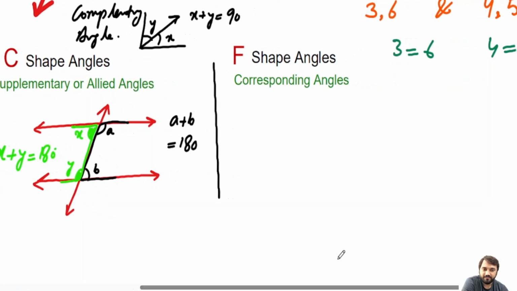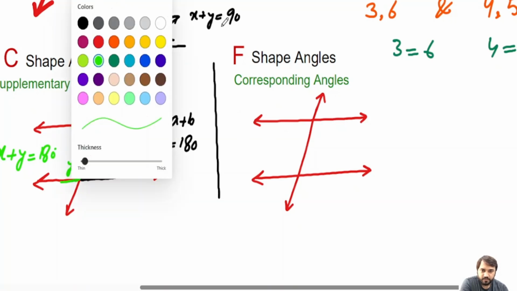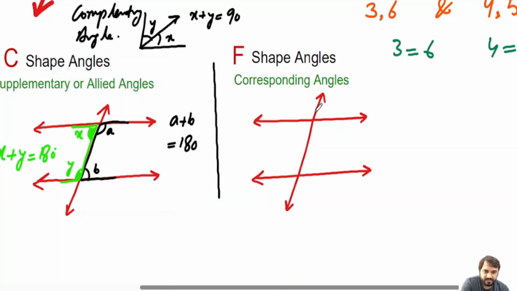Now we have F-shape angles. Again, we have two parallel lines like this and a transversal line. Where is our F? So this is F. Do you see?